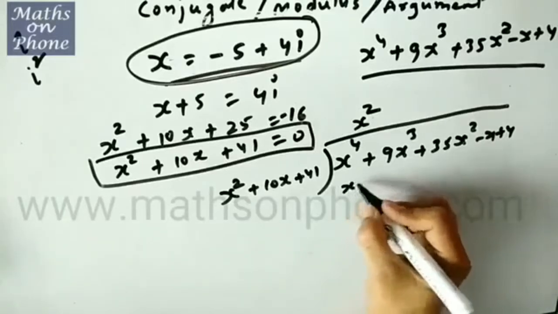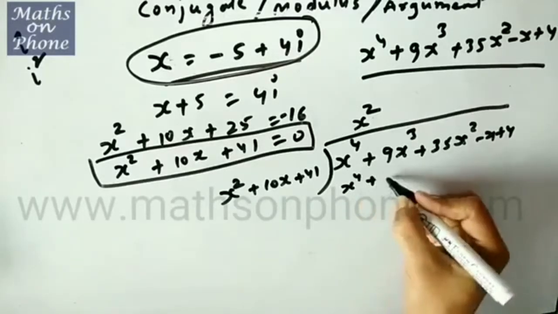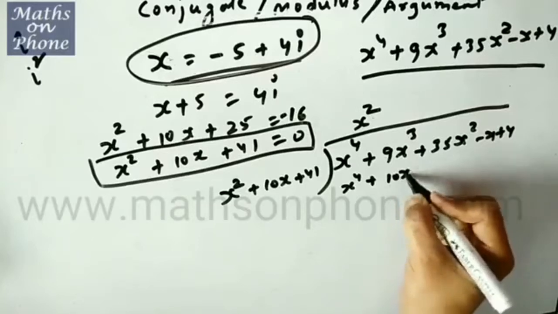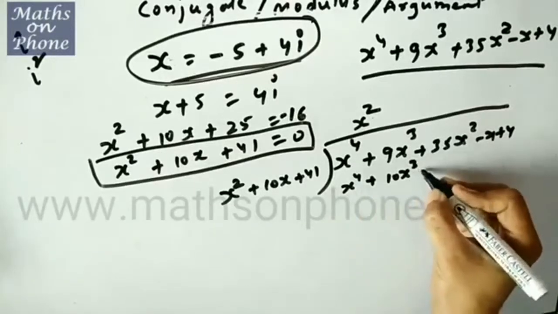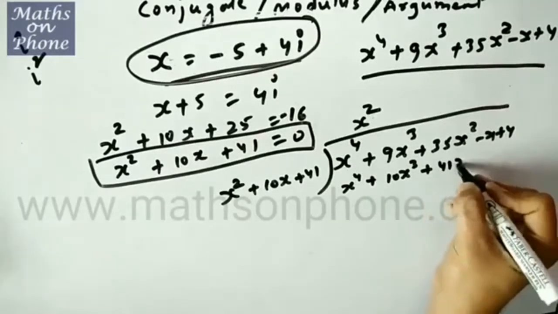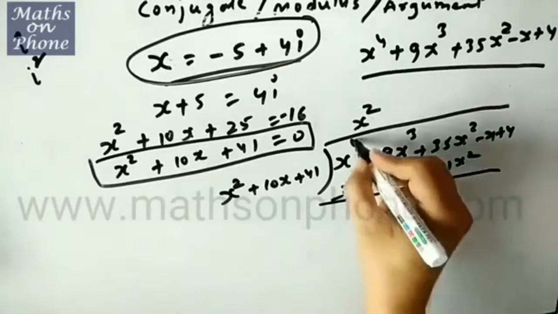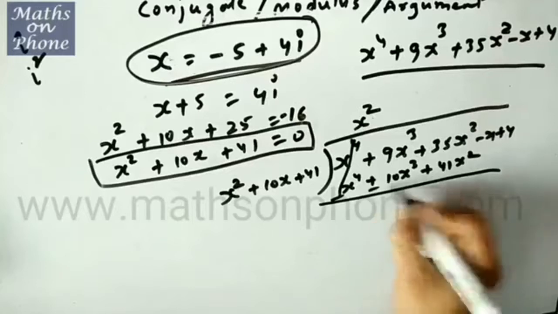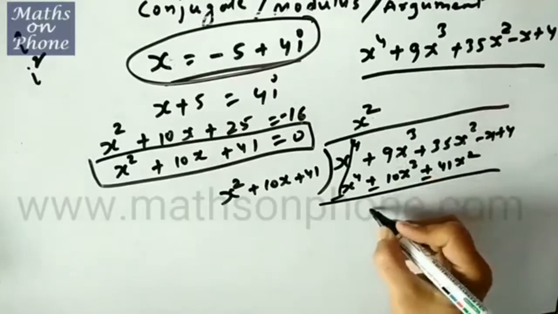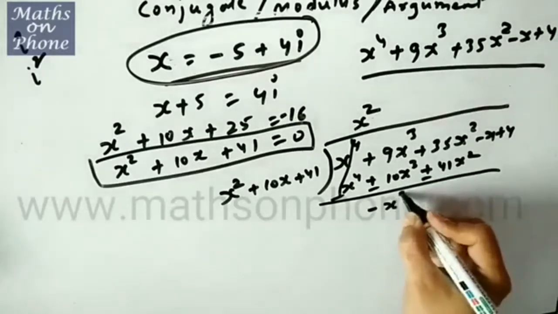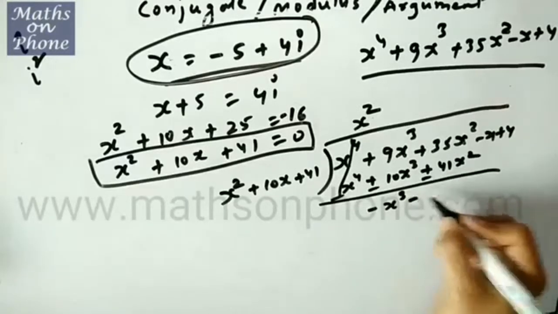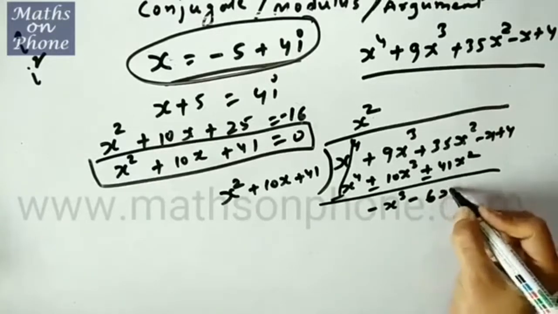So it will come out x to the 4 plus 10x cube plus 41x square. On subtraction, this is cancelled out, and this is giving us minus x cube, and here minus 6x square.